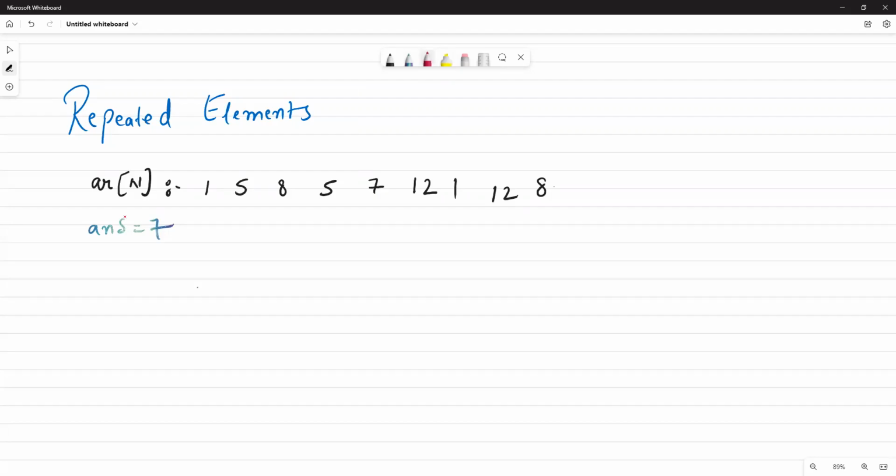Yes, okay. How can we do that if all the numbers are repeated twice except one number? Obviously, we need bitwise. Otherwise, we all know how to calculate: we can just put them in a set, find out the frequency, and the number with one frequency is our answer.